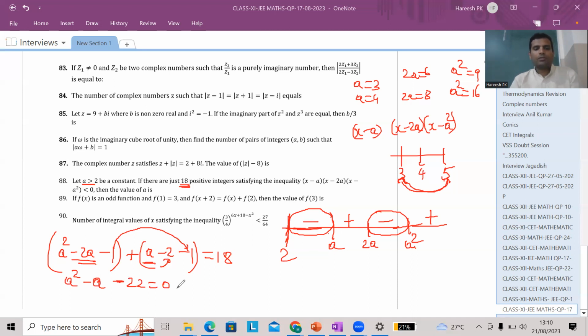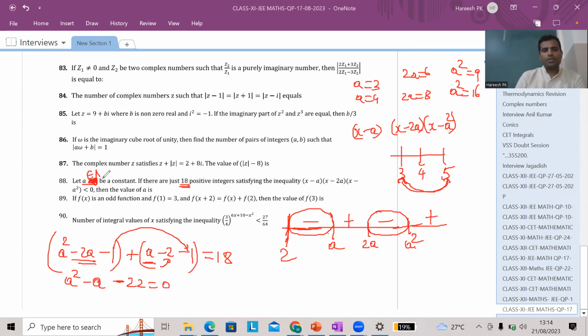So now how to solve this? Here there's a slight mistake, I think, in the question. They should just say a is simply greater than 0, or maybe a is simply a natural number.